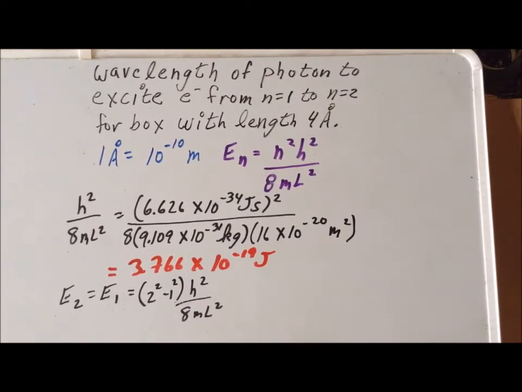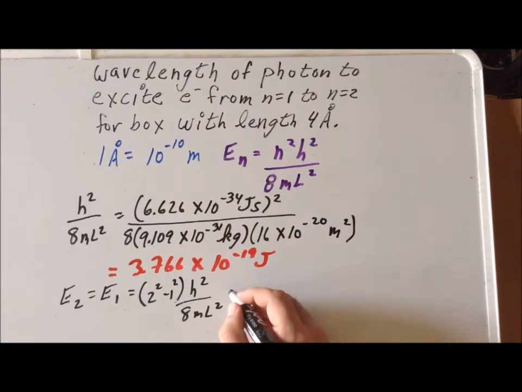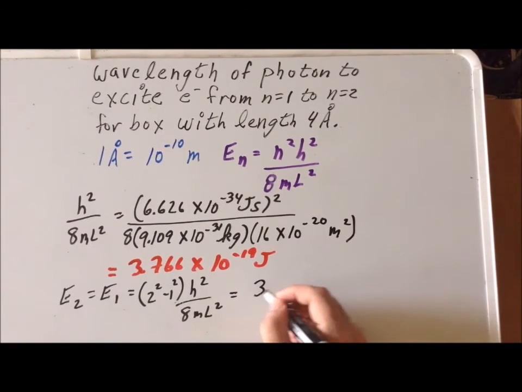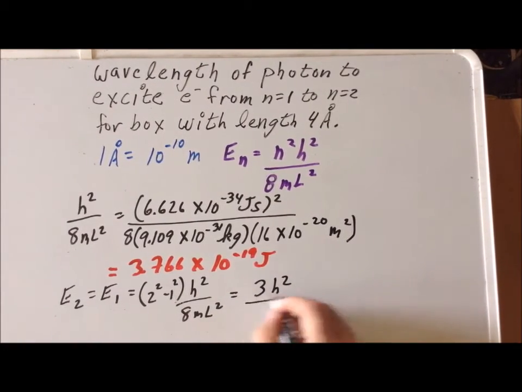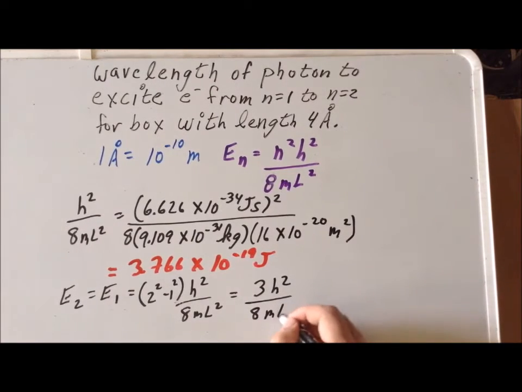So this is equal to 3 times h squared over 8mL squared. And then we can simply compute this value by multiplying our ground state energy, 3.766 times 10 to the minus 19 joules, by 3.